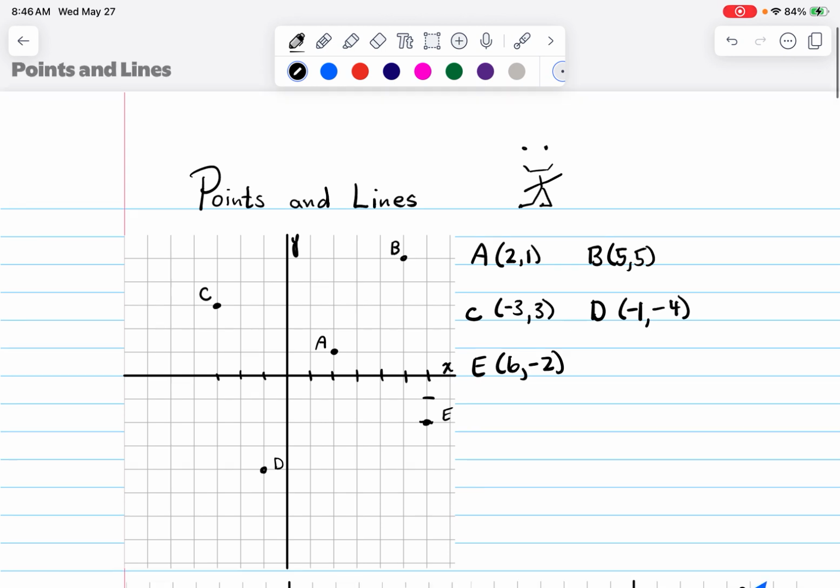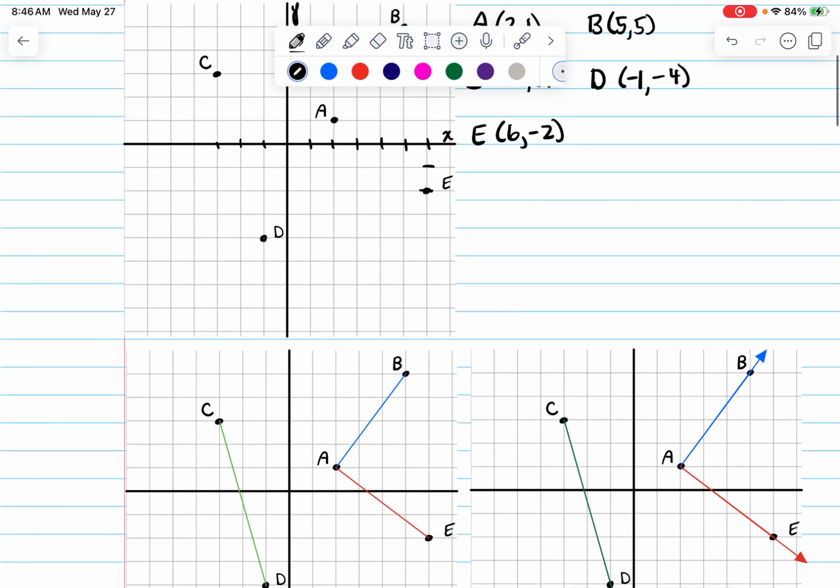Now, what we can do with points is expand on it and say, well, let's talk about a lot of points that have something in common. For example, a line segment. This thing right here, A, B, that's called a line segment.